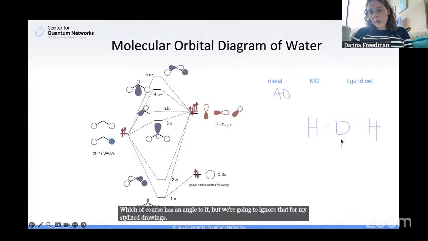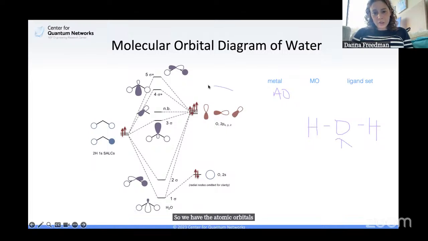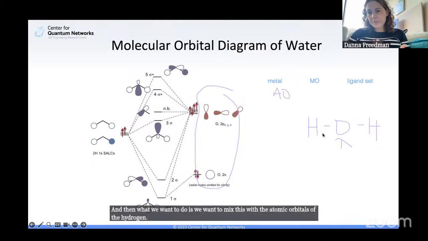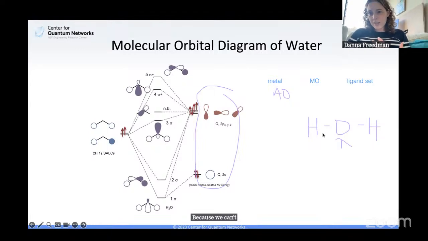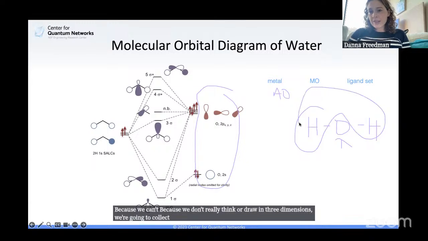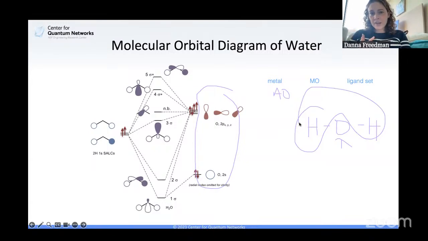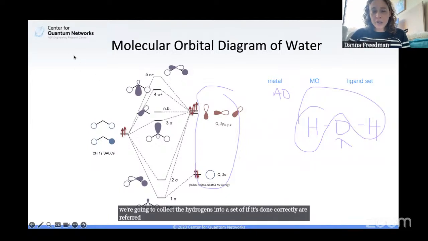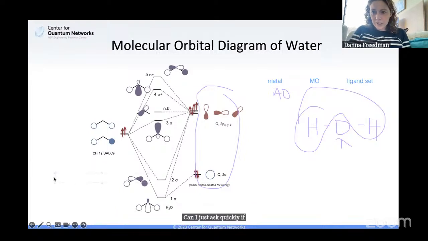The atomic orbitals of the oxygen are our centerpiece, and they're shown here. Then we want to mix this with the atomic orbitals of the hydrogen. Because we don't really think or draw in 3 dimensions, we're going to collect the hydrogens into a set of what, if done correctly, are referred to as symmetry adapted linear combinations. Can I just ask quickly if anyone has seen symmetry adapted linear combinations of orbitals before?